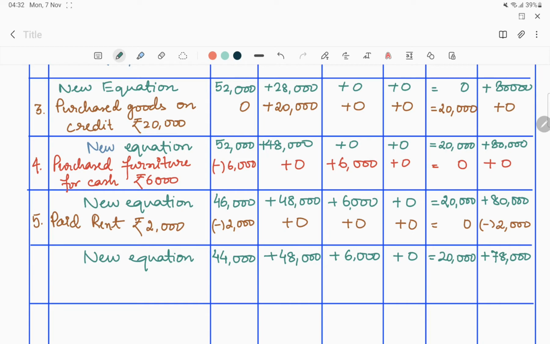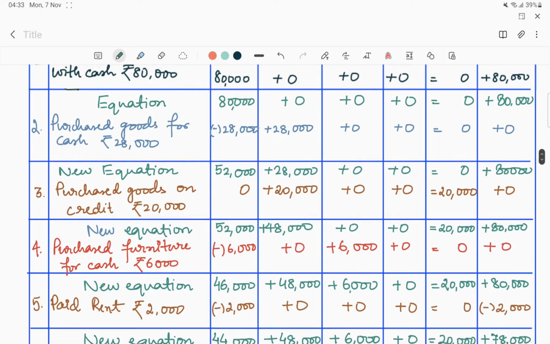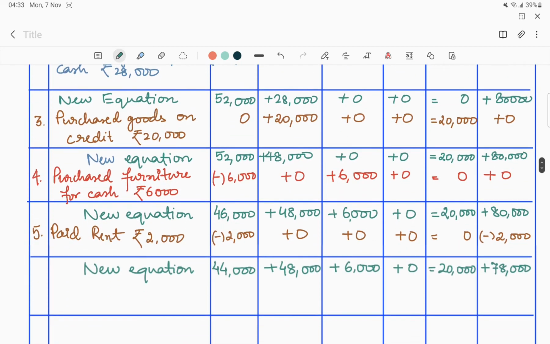So in each step we have to keep in mind that LHS must equal RHS. After the fifth transaction, if we check, 44,000 plus 48,000 plus 6,000 comes to 98,000. And on the RHS side, the addition of 20,000 and 78,000 gives the same 98,000 as the LHS. So till now there is no problem, both are coming equal.